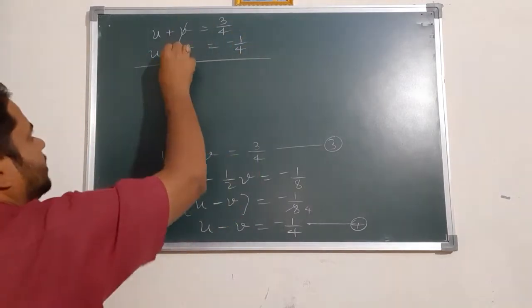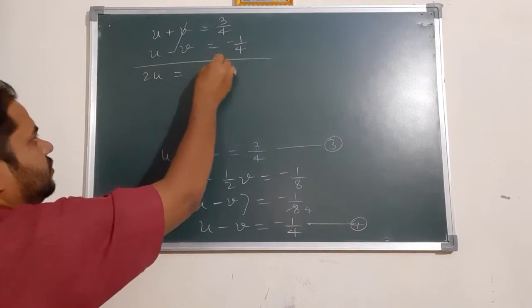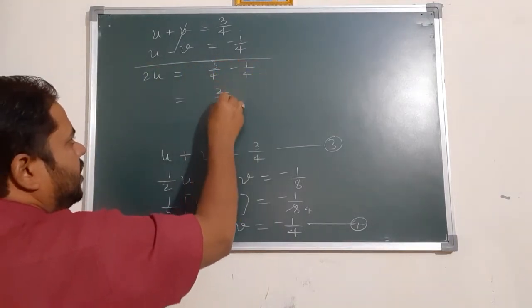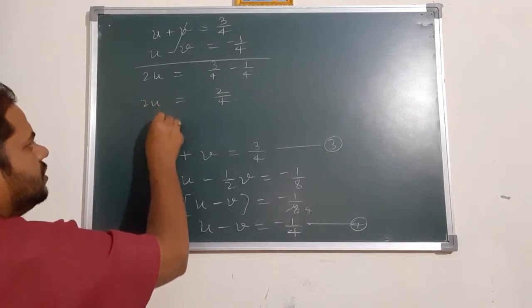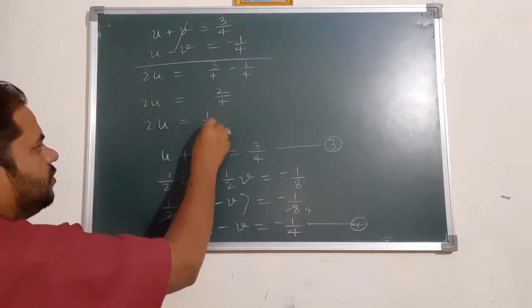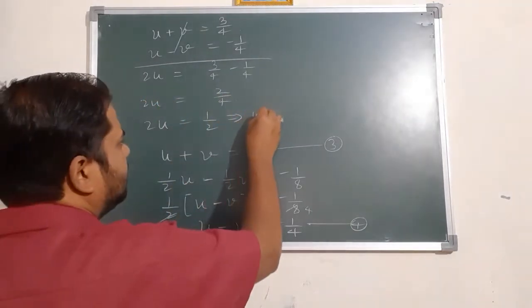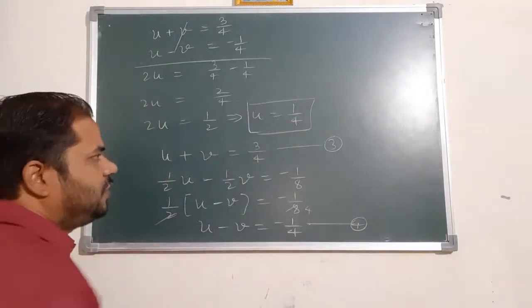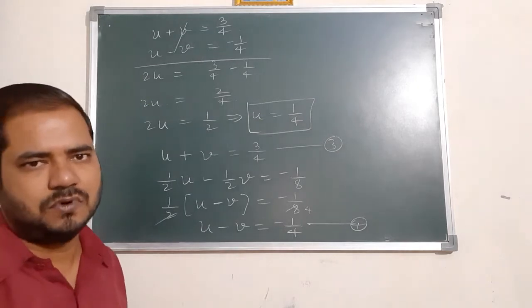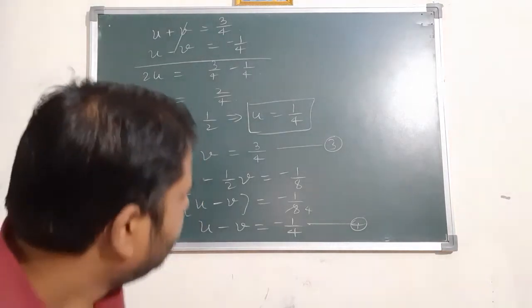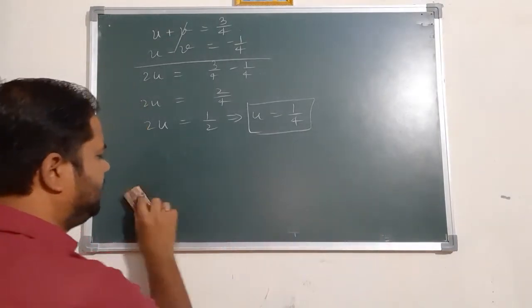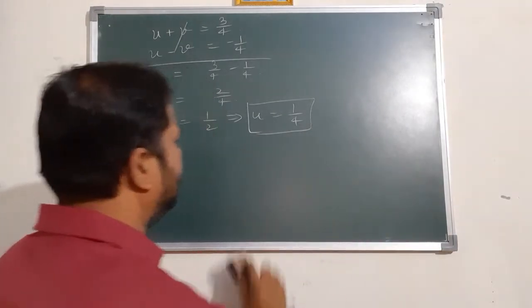Now add them. 2u is equal to 3 by 4 minus 1 by 4, this is 2 by 4. So 2u is equal to 1 by 2, and this implies u is equal to 1 by 4. So the value of u is 1 by 4. And then putting this value of u in any one of the equations, you will get the value of v.